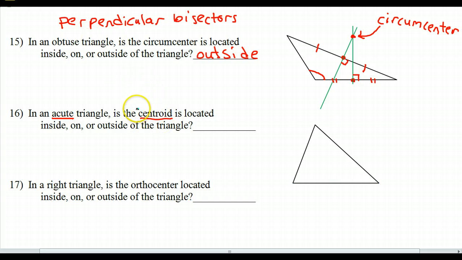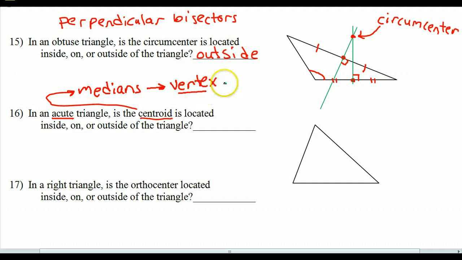Now, centroid. You have to know what a centroid is. Centroid, the definition is it's where the medians meet. So your thought process is, okay, centroid, that's medians. Okay, and medians, that's the one that goes from a vertex to a midpoint. Okay, so let's do a bunch of medians. So here's a midpoint, and here's a midpoint, and here's a midpoint, just estimating.